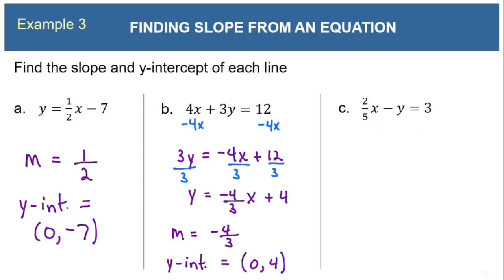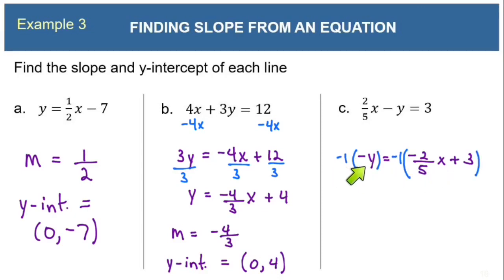Okay, part C, here we have 2/5 x minus y equals 3. And again, I've got to isolate the y, and I want to make sure that it's positive before I can see the slope and the y-intercept. So I'm going to start by moving the x term to the right side. Of course, that's going to make it become negative. And now I need this coefficient to be +1, not -1. So what I'm going to do is multiply both sides by -1.